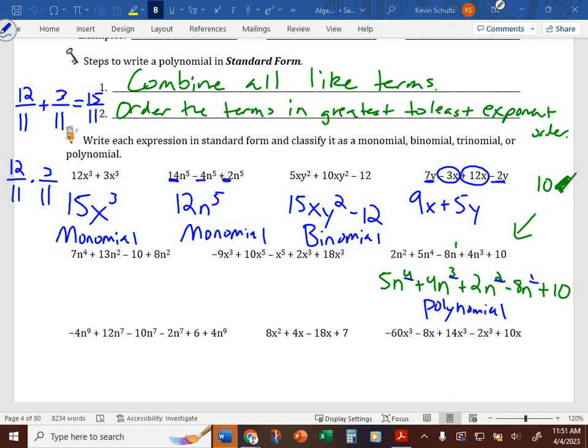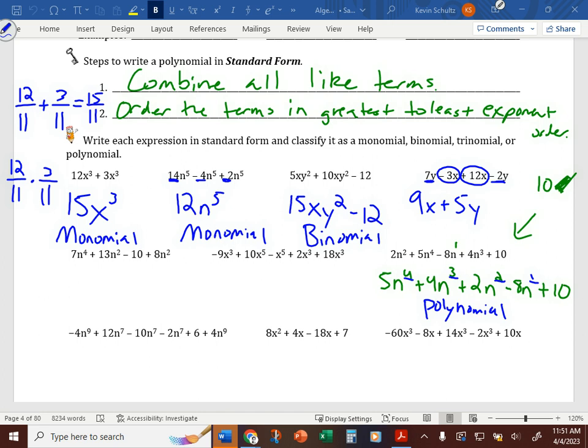X and y both have the same power, right? It's x to the first and y to the first. So when that happens, our guide here was put the powers in greatest to least order. If they're both the same, then you go alphabetical by variable. Because x comes before y in the alphabet, 9x would come before 5y when writing it in standard form.